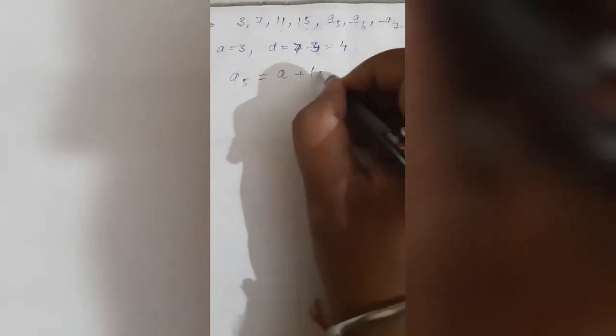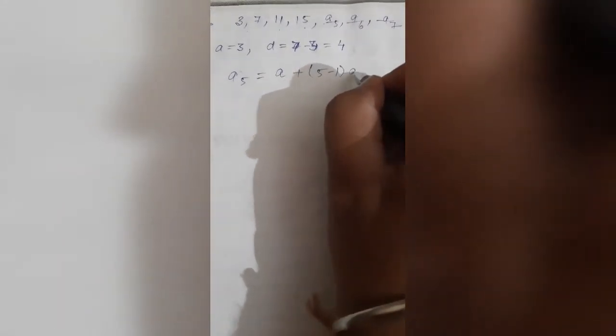Now which term do we have to find? The next ones. That is, I have to find A5, A6 and A7. So A5 is equal to A plus n minus 1 times D, the formula I have told you here.